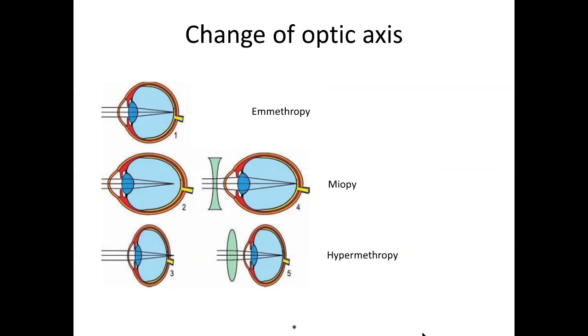So this example is very important for understanding that exactly the anteroposterior dimension of the eye bulb is responsible for good seeing.